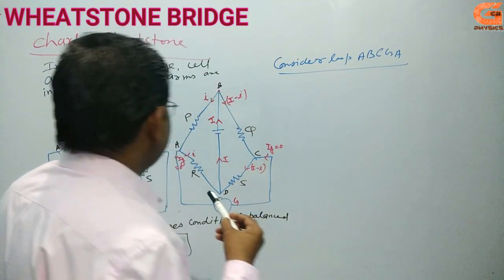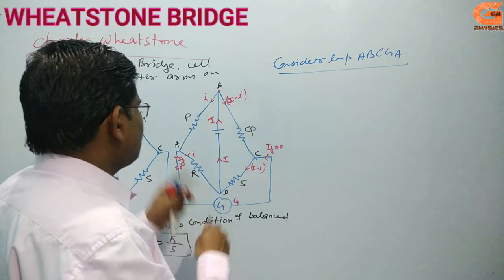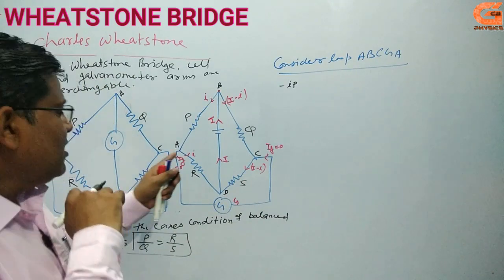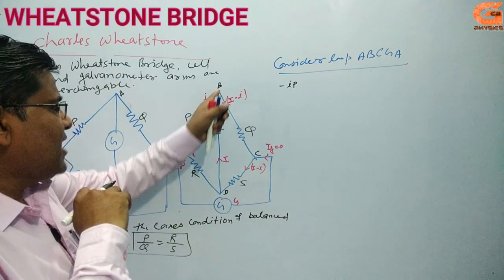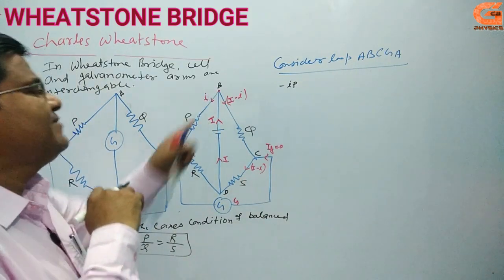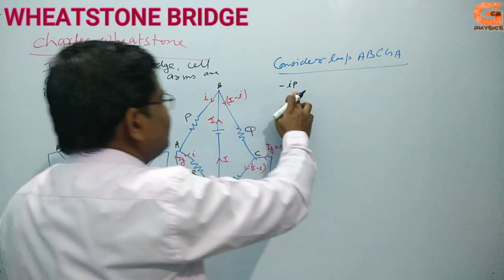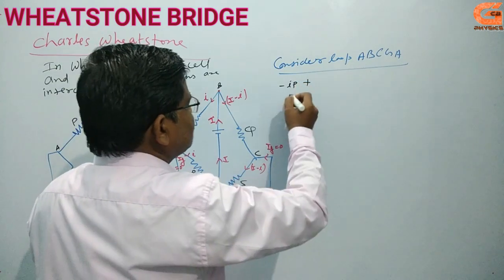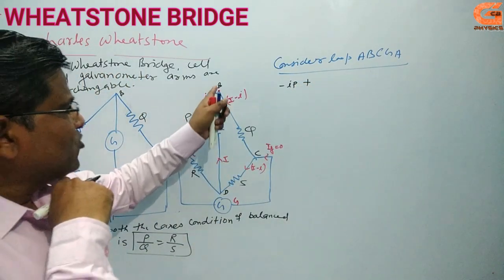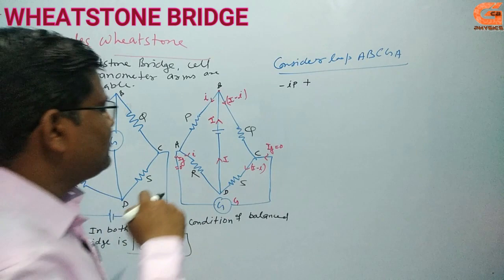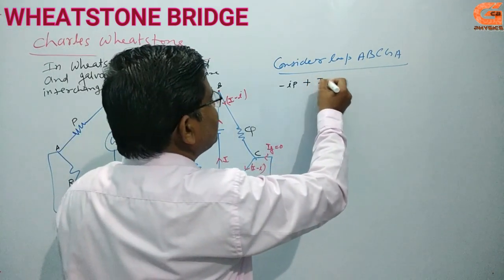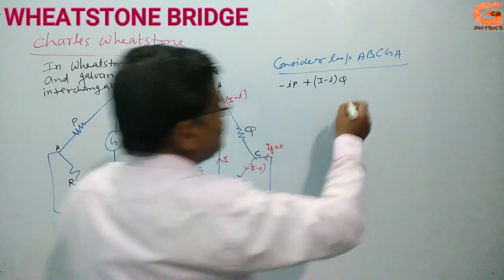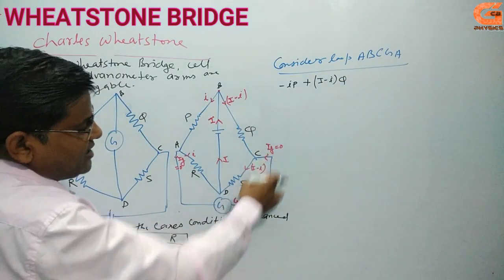And from this loop, we can write the equation. From A to B it is minus I1 into P, because I am going from A to B and the current is coming from B to A. That's why I consider minus I1 P. And from B to C, it is plus sign because I am going B to C and the current is also from B to C. Then (I minus I1) into Q. And this is the galvanometer, and the current is 0.